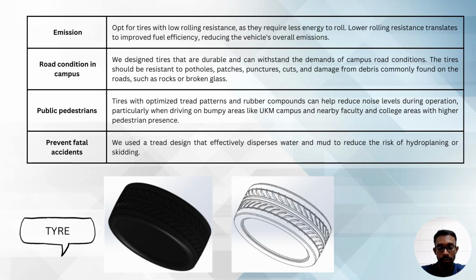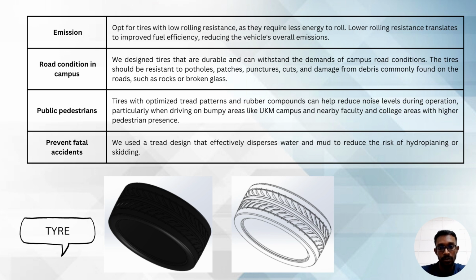The second component that we are going to look at is the tire. First, for the emission part, we opt for tires with low rolling resistance to reduce the vehicle's overall emission. Second is road condition in campus. So we design tires that are durable, which can resist potholes, patches, punctures, cuts, and other damages.